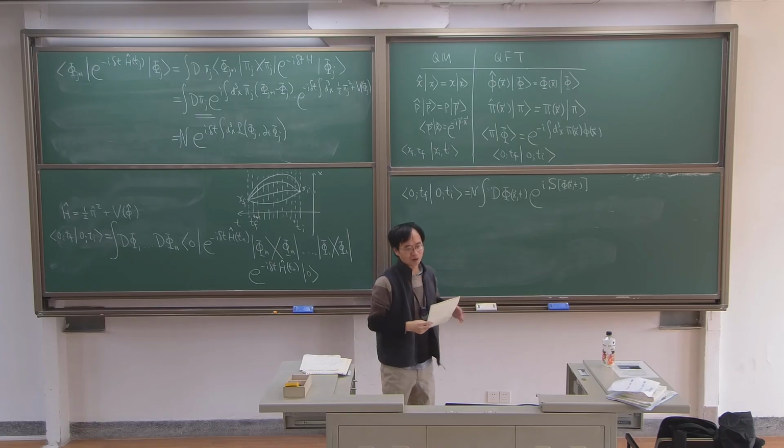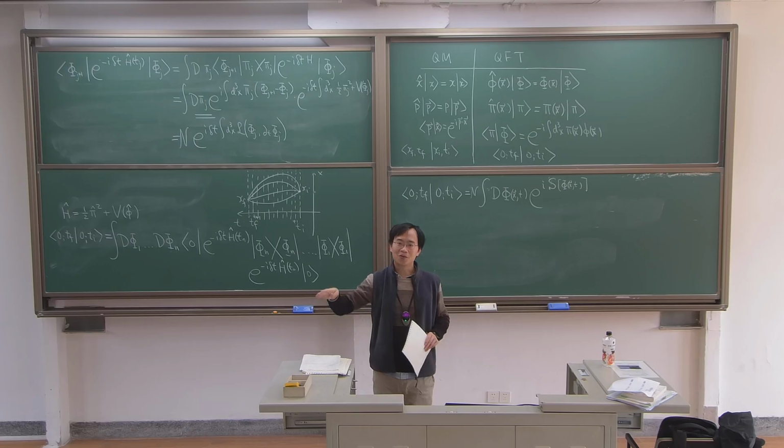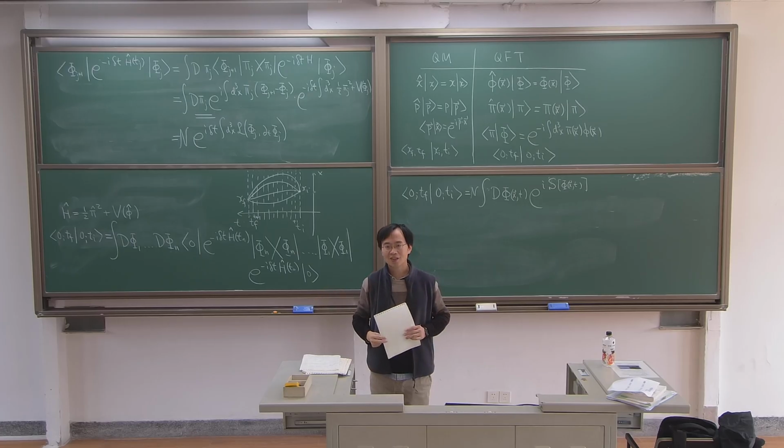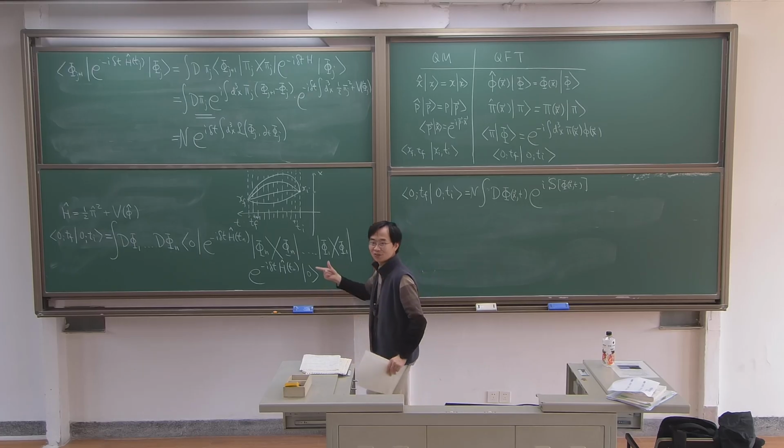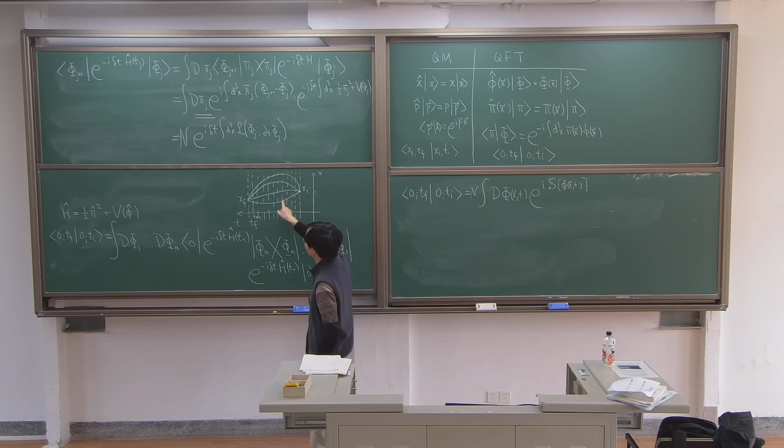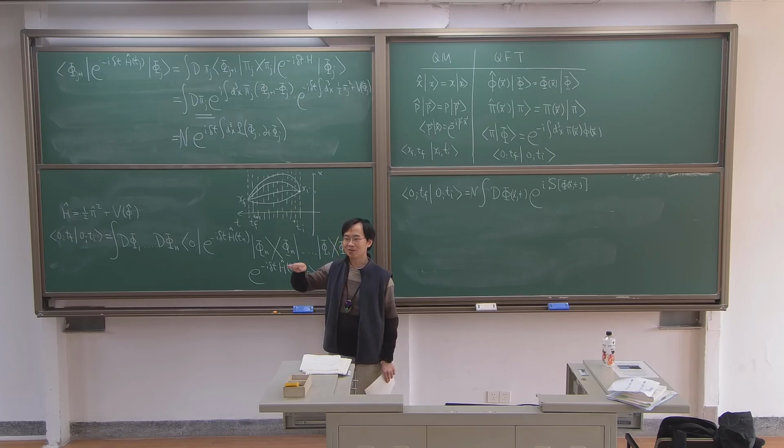So this path integral really means that you have to sum over all the field configurations. Each field configuration is analogous to this function x(t) for each path here. So in field theory, the path really means different field configurations.